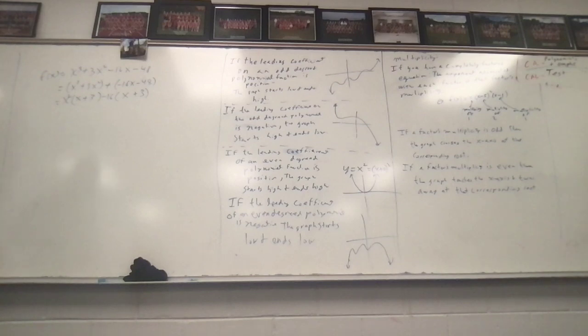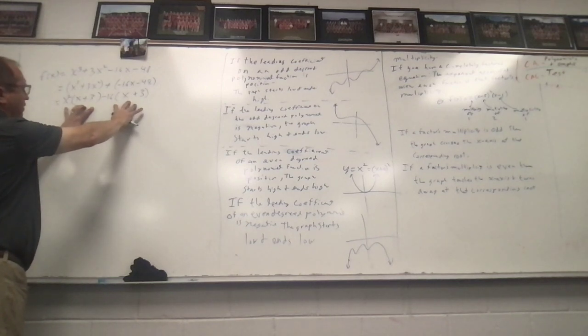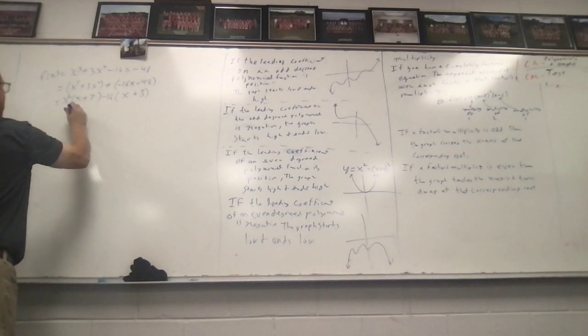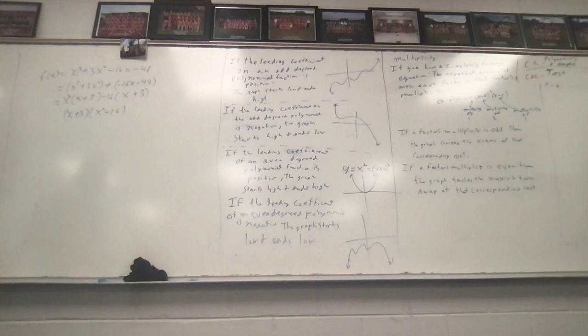All right, so what happens with this? Well, I have an x plus 3 in common with this equation right here, right? So x plus 3 times x squared minus 16. And how does that factor?